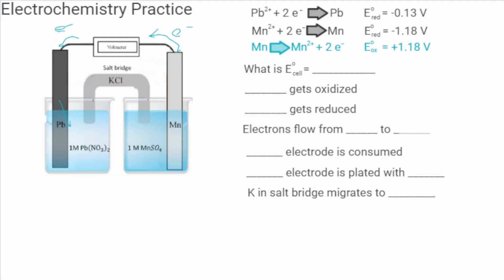This is going to cause it to plate onto our lead electrode. So our lead will plate onto this lead electrode, and as the reaction goes forward, our manganese is going to corrode.